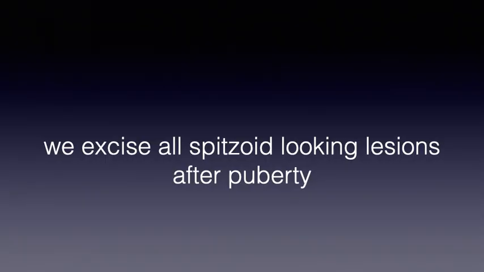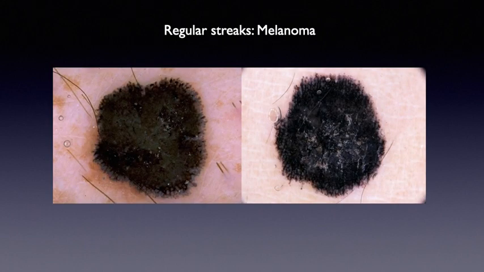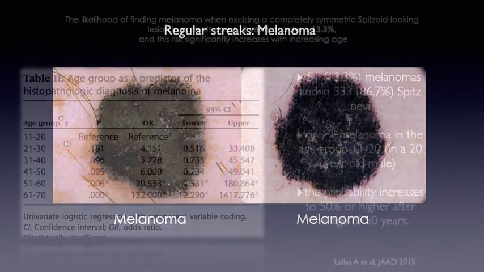But the recommendation is to excise all spitzoid-looking lesions after puberty, because on one side Spitz nevi can present a multi-component, so a melanoma-like pattern, and on the other side, melanomas can present as completely spitzoid-looking lesions, also with regular streaks all over the circumference of the lesion, and we also calculated this rate.